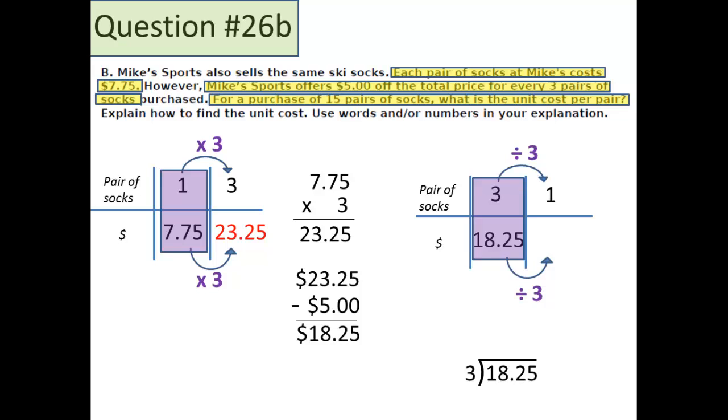All right, if you're back, the answer you should have gotten would have been 6.08 and 1/3, or 6.083333 till infinity. And that's why the answer to this question, the unit cost, is about $6.08. Again, I wasn't a big fan of this question, but it was still something I feel like you guys could have been able to do, and I wanted to review it online for you.